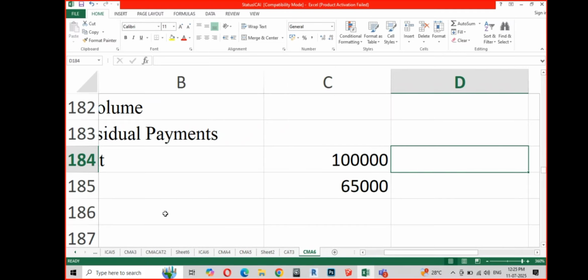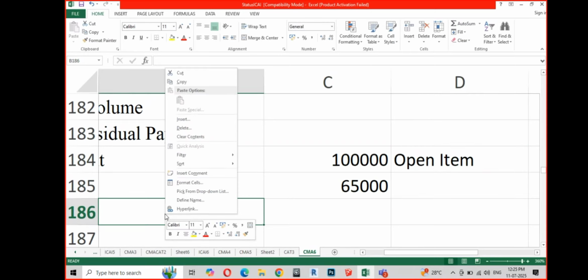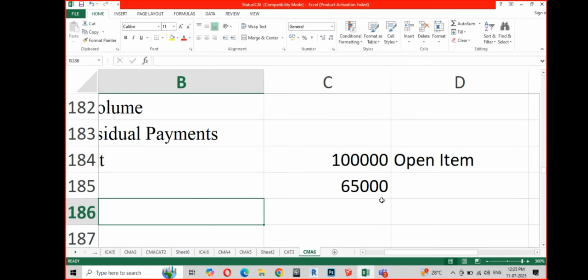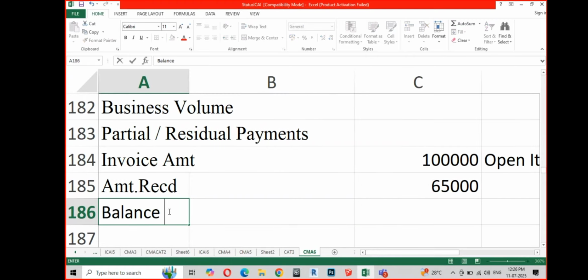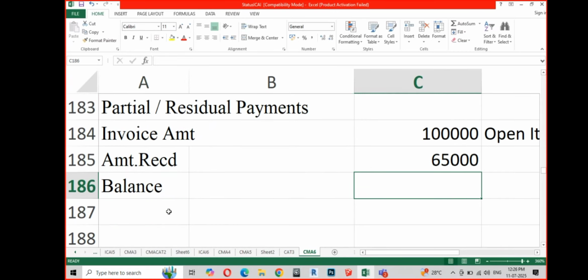This will show an open item. This will show a debit or a credit based on whether it is a sale or a purchase. Clear? Now, this is cleared. So what is the balance? 35,000 rupees is the balance.